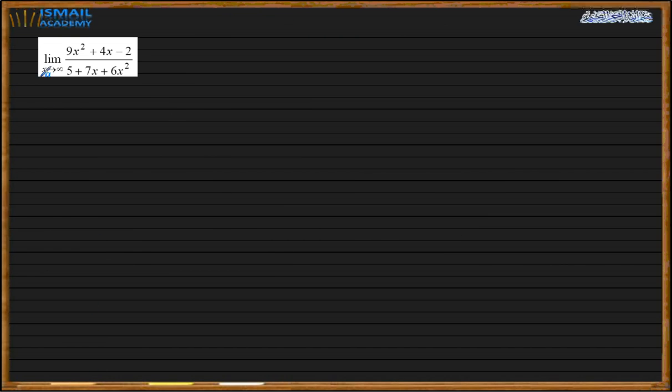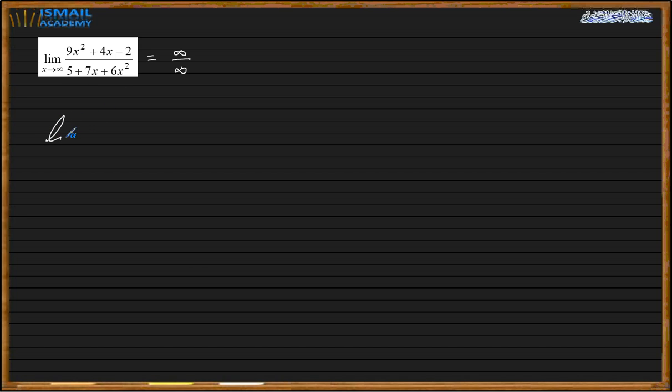Next question. Here we have the limit at infinity. When we plug in infinity, it's going to be infinity over infinity. Again, you can use L'Hopital's rule twice here if you want, or you take the highest power of the numerator and the denominator.